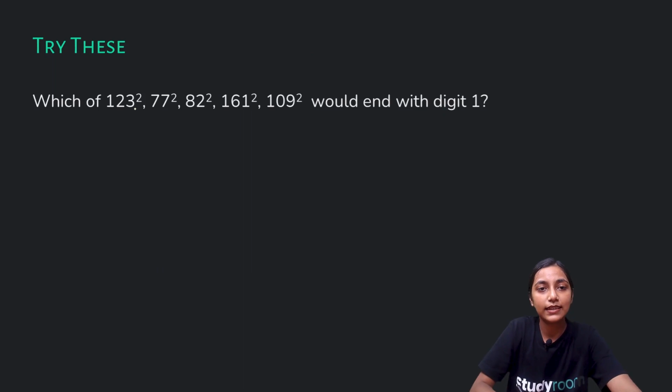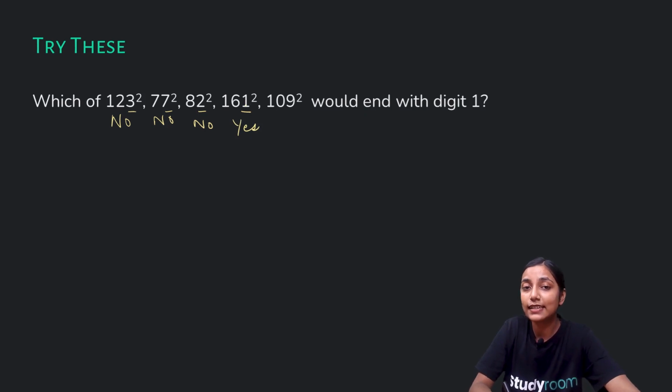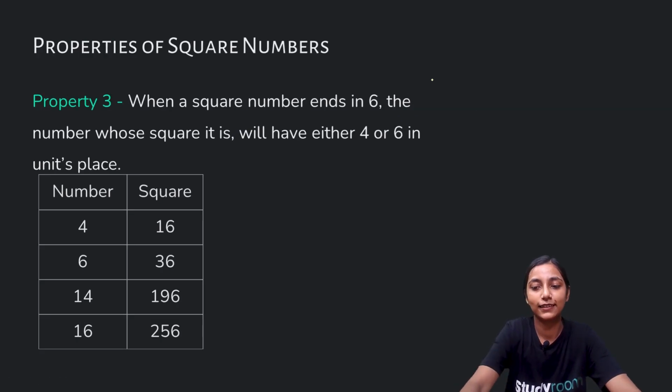You can see, no, because it has 3. No, because it has 7. Now 2, no again. 1, yes. Since it has 1 at its units place, its square will end with the digit 1. Similarly, 9 at its unit place, its square will end with the digit 1.